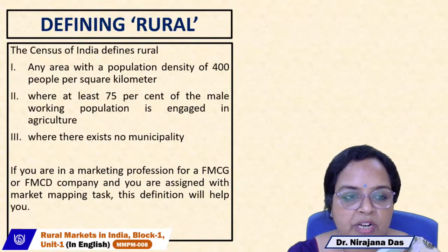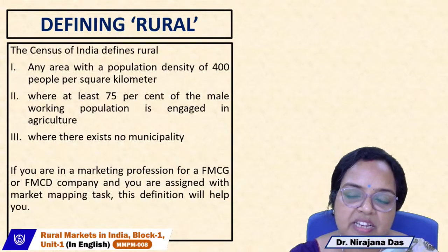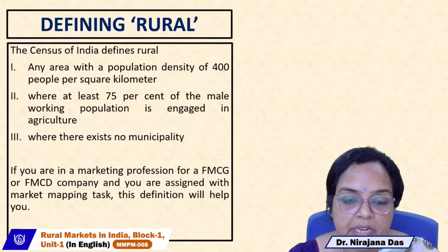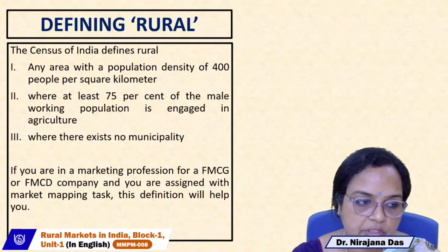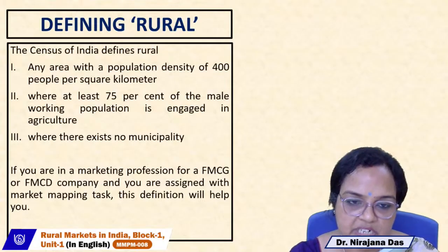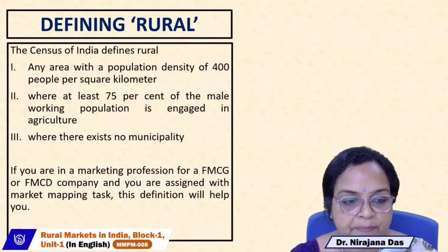If it has 400 people per square kilometer, 75% of the male working population must be engaged in agriculture or have a source of income from agriculture. There should not be any municipality or any kind of structured administration there. If these 3 points are satisfied, the Census of India has defined this as the rural belt.